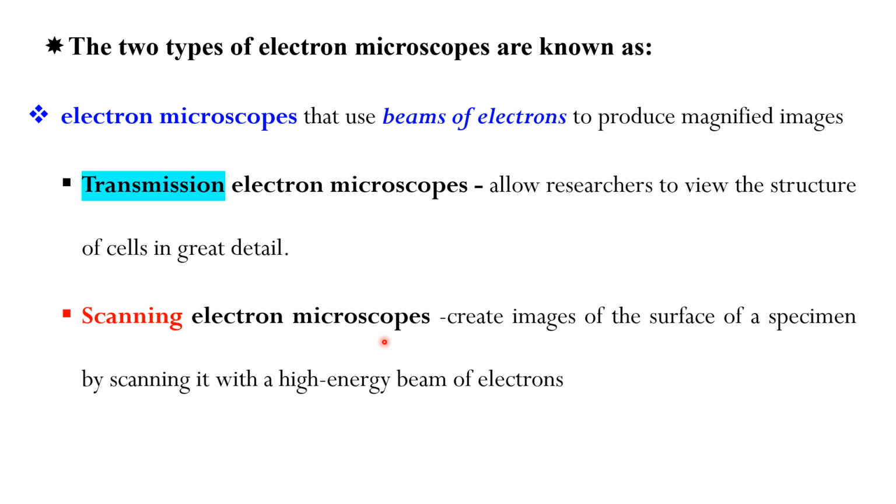This scanning electron microscope shows more detail than the transmission electron microscope because it shows the images in 3D. It's very important for viewing an image of an object in three dimensions.